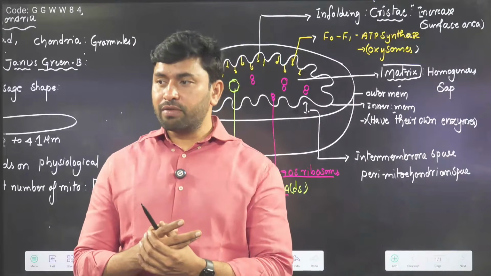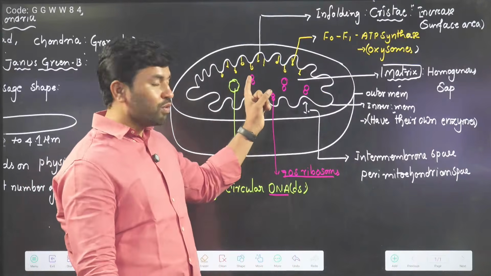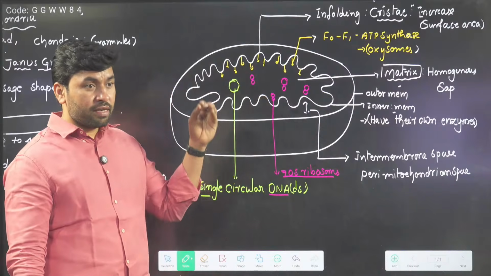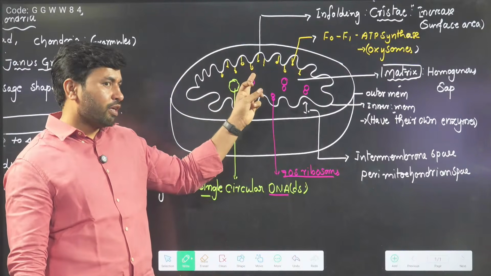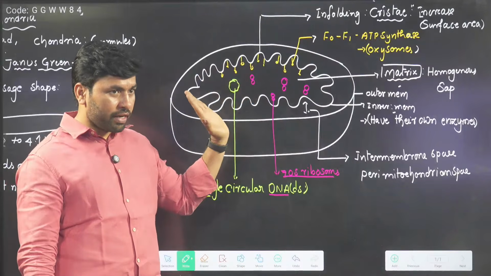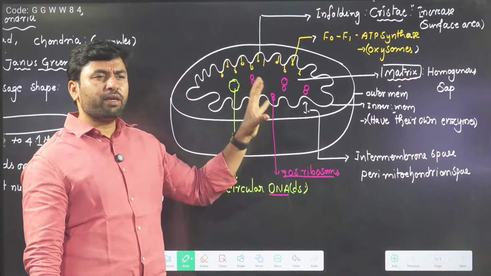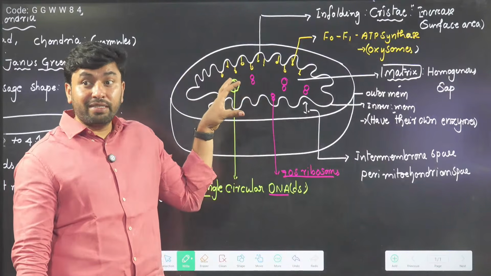This process lets our mitochondria synthesize most of the proteins by itself. That means whatever proteins the mitochondria require, almost all of them the mitochondria can synthesize by itself.